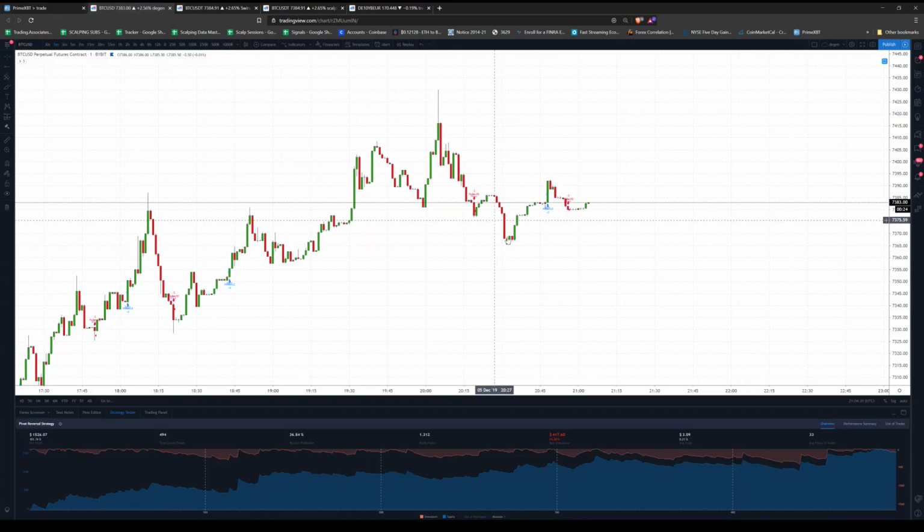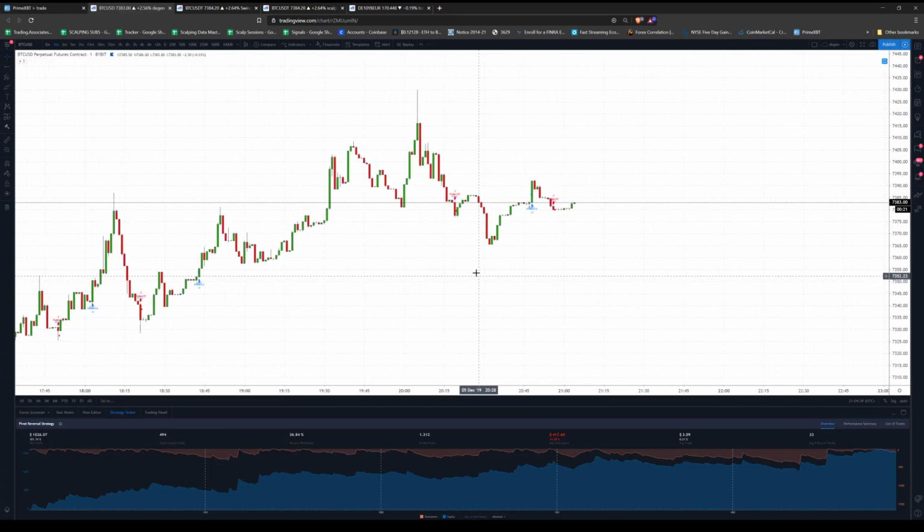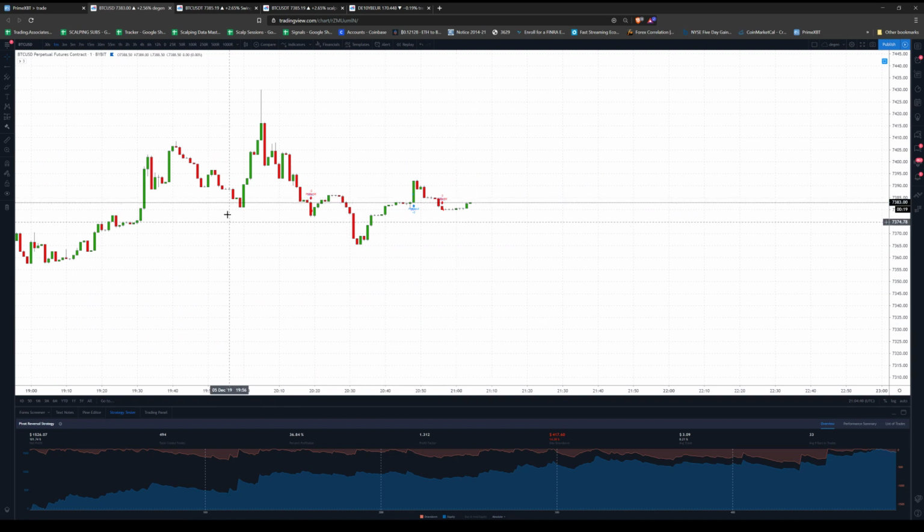Alright guys, look at this price action. You had lots of volume and movement, and now it's just dead. Flat candles, completely dead.